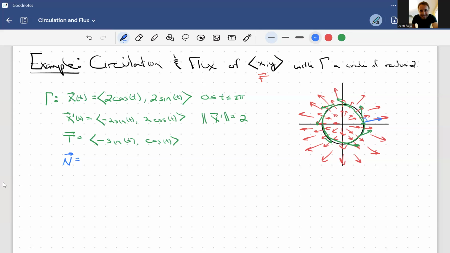So if we had our unit tangent vector from before, rotating it 90 degrees should give us our unit normal vector. So we'll get something that kind of looks like this.